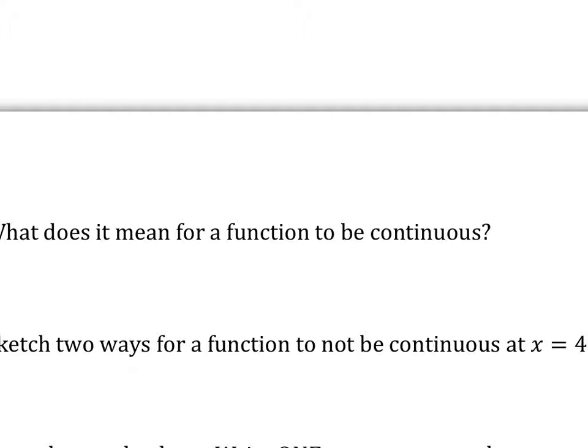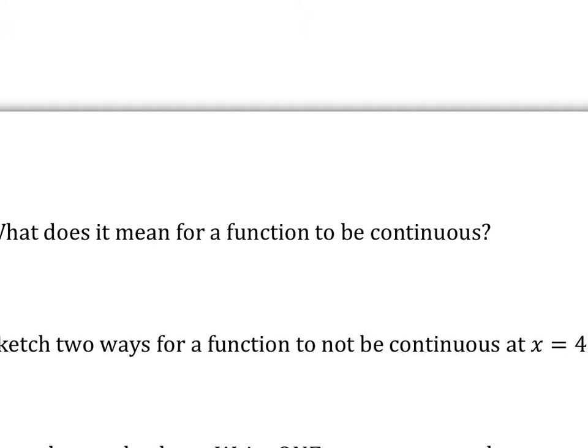Okay. Don't erase the graph. We're going to need it. Very good, very good. Two ways. Keep the graph. That's not even a function.